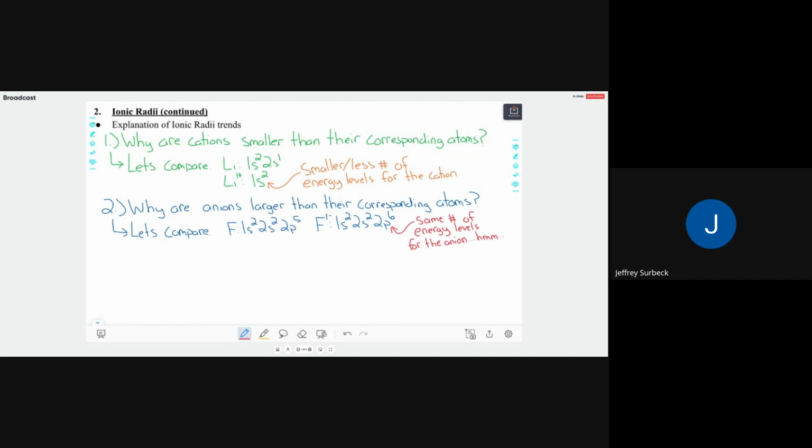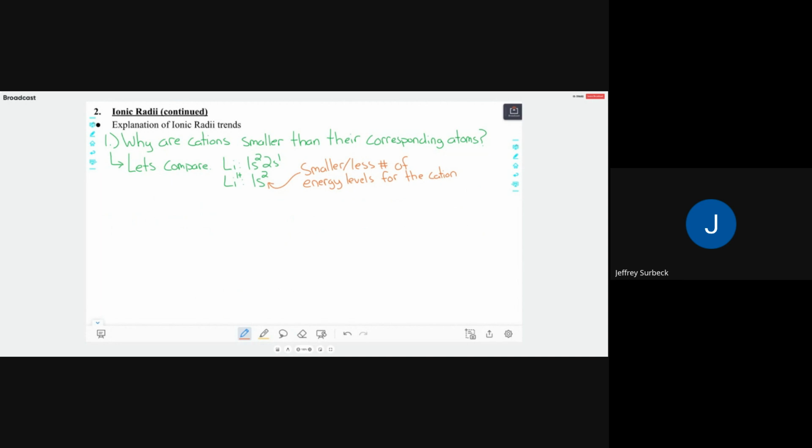Here is our key point. The fluoride ion has one more electron, that 2p6 instead of 2p5. The electrons all have the same charge, and we have to remember that like charges repel.